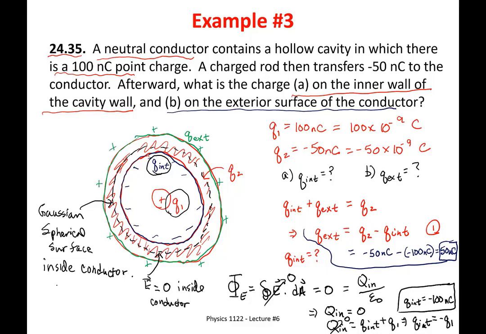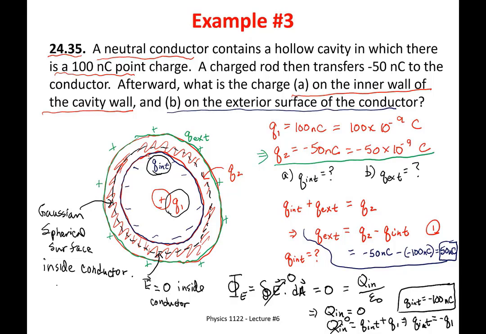The net of the charge on the inside surface of the conductor plus the charge on the outside surface of the conductor has to equal the excess charge that was applied to the conductor. So we've got negative 100 nanocoulombs on the interior surface plus 50 nanocoulombs on the outside surface, and if we add those two together, we get back our original Q2 value.